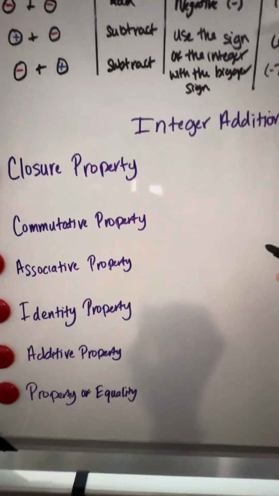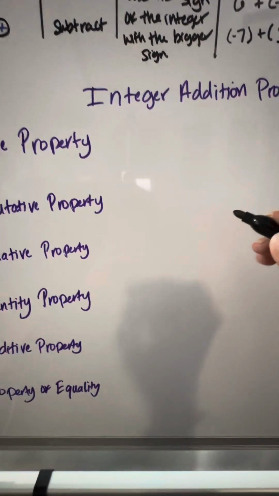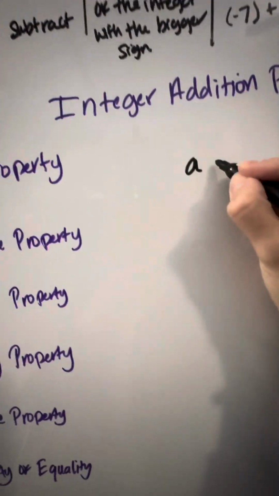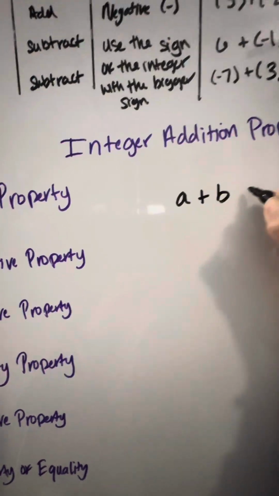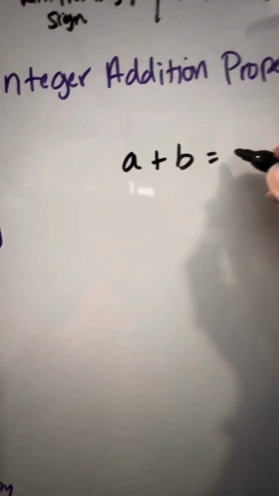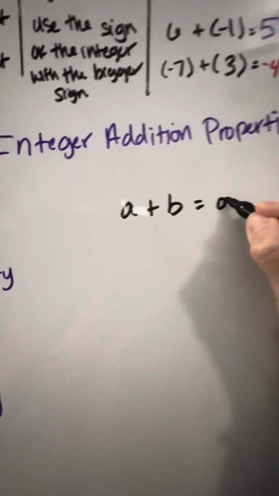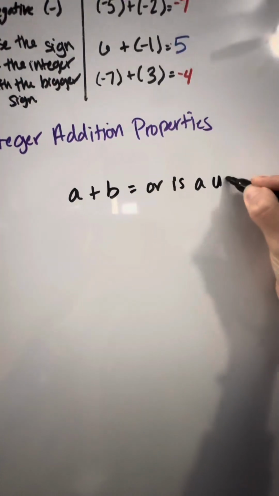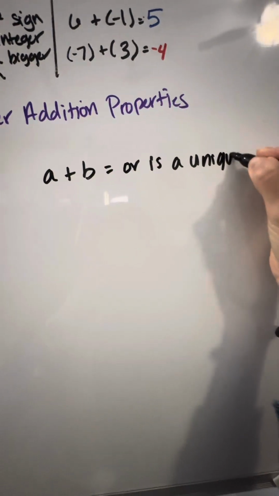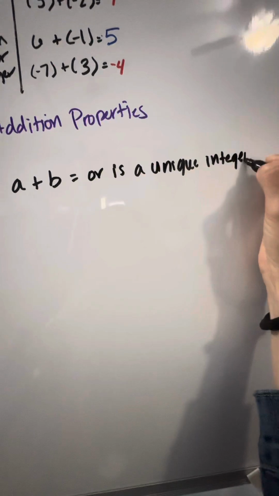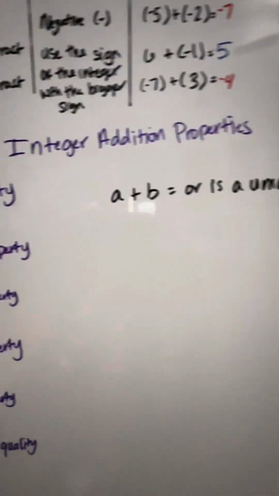So closure property basically tells us that A plus B equals a unique integer.